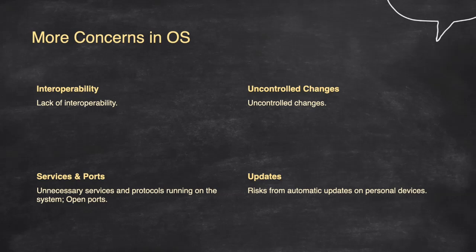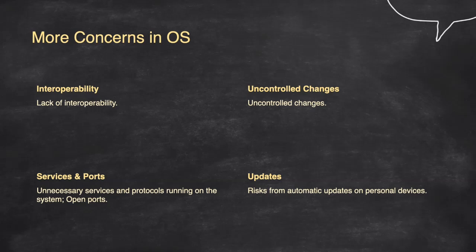One potential issue is system instability, where an update might introduce bugs and cause incompatibility with existing applications, leading to crashes or malfunctions. There is also a risk of data loss, as updates can sometimes overwrite or disrupt important files.